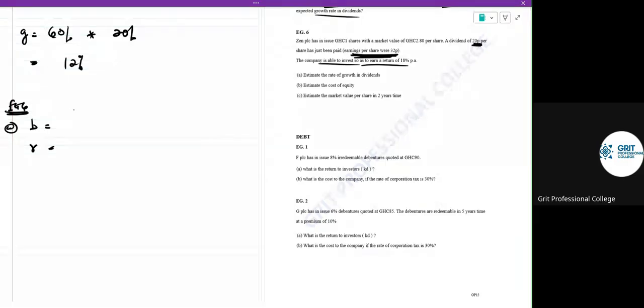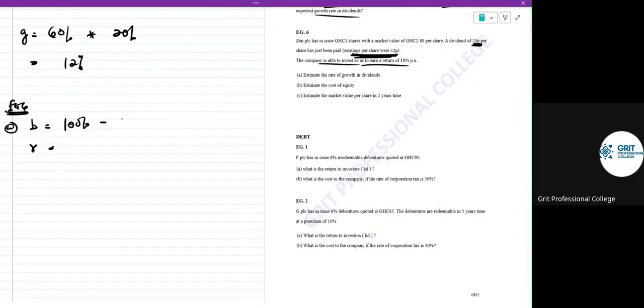So the retention ratio, we can say, is 100% minus, so you can go about it in several ways. So 100% minus the payout ratio. So the payout ratio will be 0.2, which is the dividend per share, over the earnings per share, which is 0.32. Okay? So this will give you a percentage. When you subtract 100 from it, it will give you what? The retention ratio.